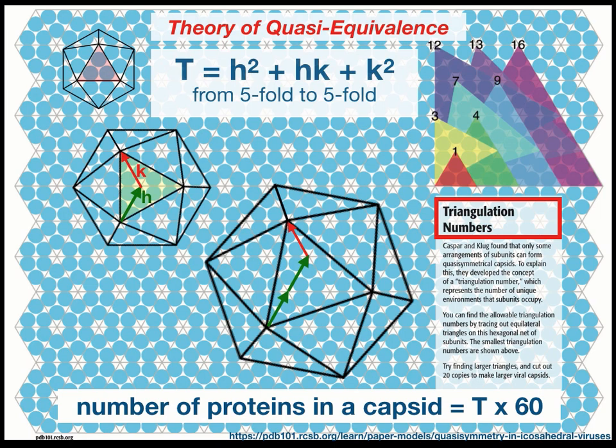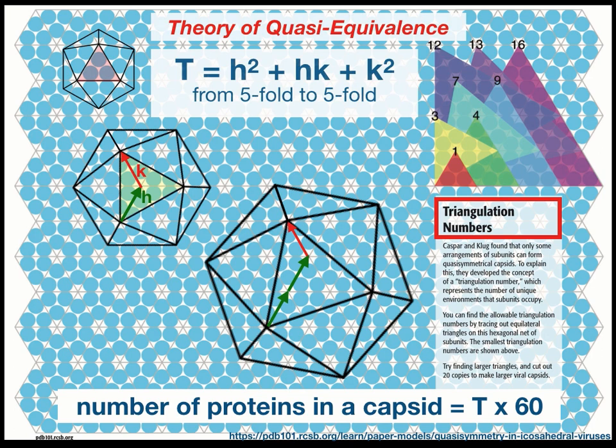So let's see a higher T number here, for example. Here we navigate through the center of each of these hexamers, and we have 1 and 2 to one side and 1 to another side. So what would the T number be for this one?